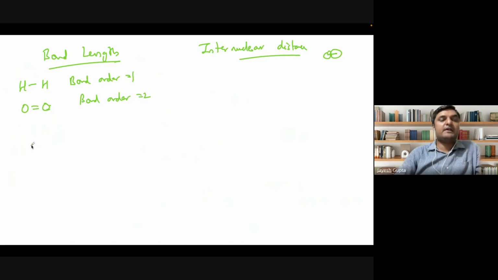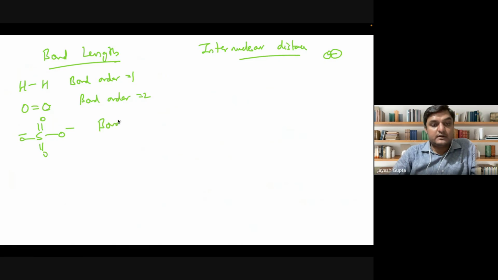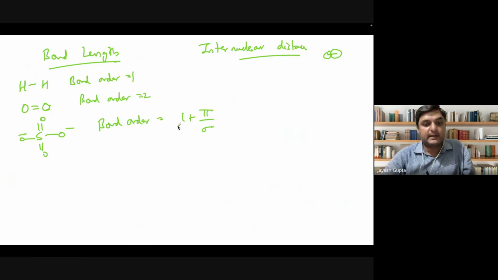But if you have a resonating structure where you are not getting a perfect single bond or double bond, there I have told the formula. Suppose you have this one, there you apply bond order equals 1 plus pi upon sigma, that is 1 plus number of pi bonds divided by number of sigma bonds.